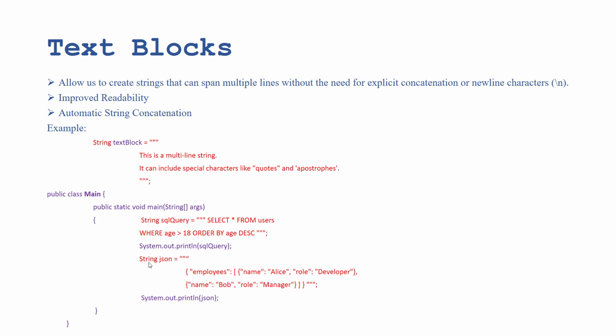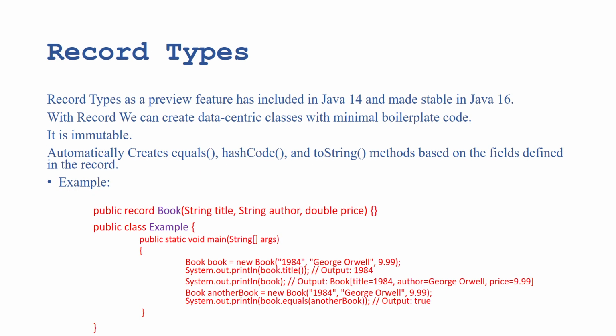You can see in the example, even if you want to prepare a query split across multiple lines, we can create it like that. And if you want to create JSON like we do in other languages, we can achieve this with the text block. We can create JSON-like objects, print them, or make use of them in our application.